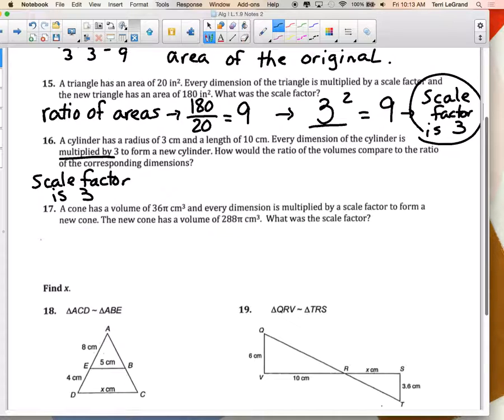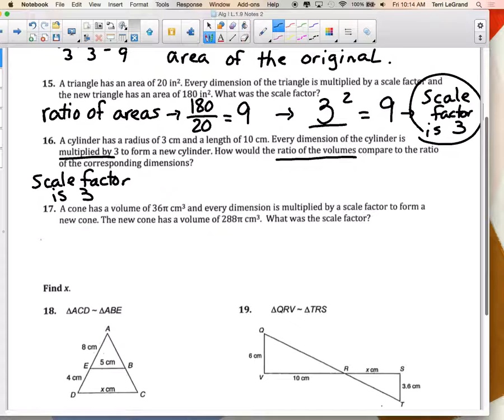Okay? Well then, the question was, how would the ratio of the volumes compare? So what's going to happen to the volume? Go look on the front. What did we discover about the ratio of the volumes compared to the ratio of the corresponding sides? It gets cubed.